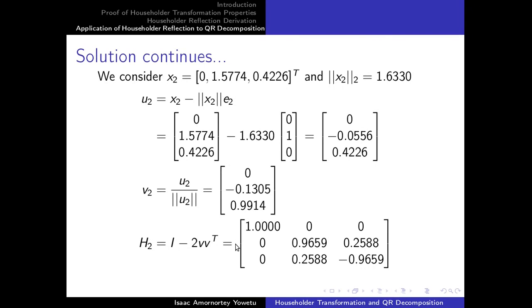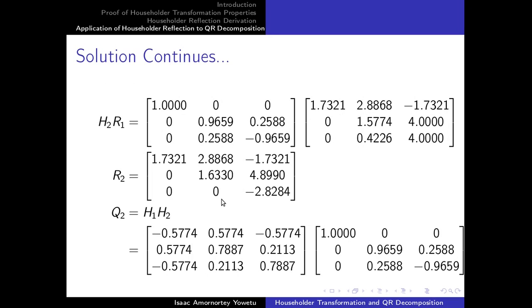So from here, we continue. We pre-multiply, multiply from the left, we call it pre-multiply, to our R1. We have seen this one is R1. And our R1, with the help of our H2, we happen to get our R2, which is pretty nice. And our R2 happens to give us a right upper triangular matrix.